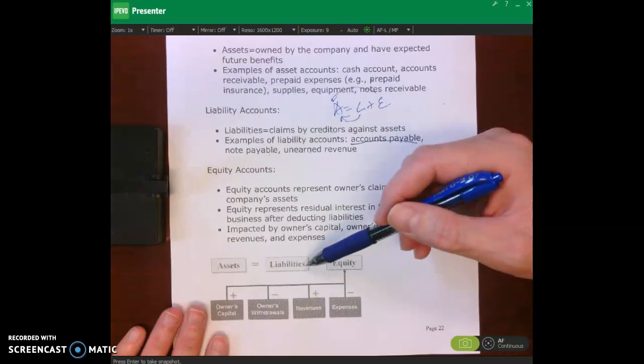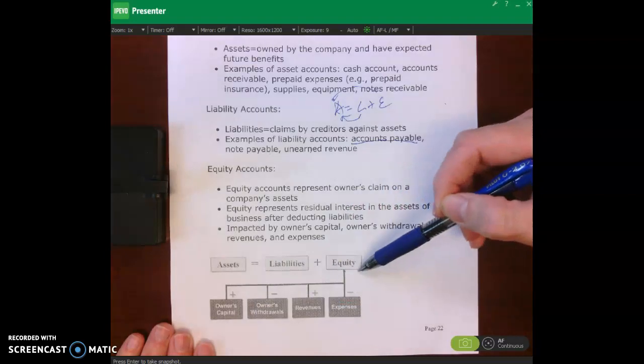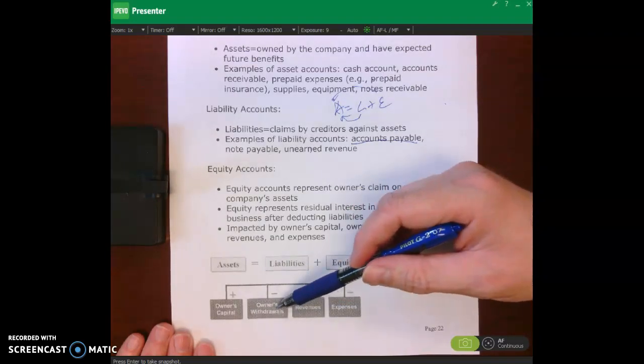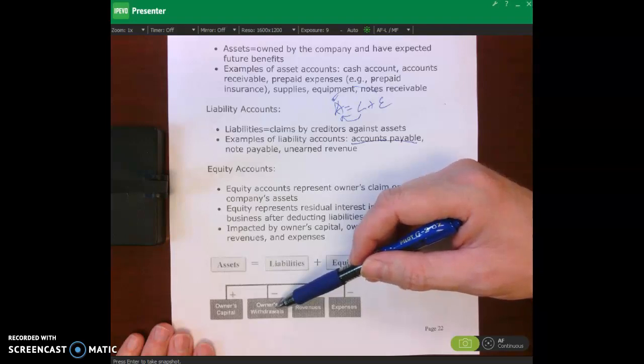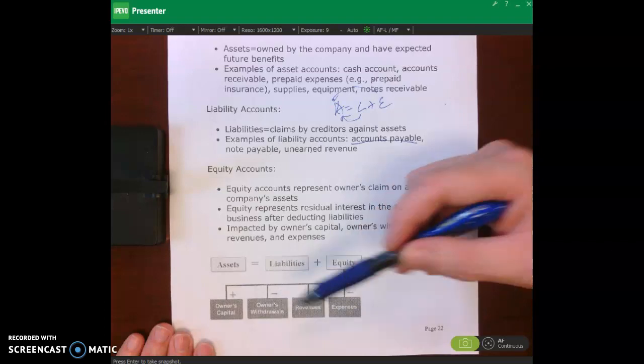And that's what we see in this figure down over here. Owner's capital, which is the owner investing money into the company, increases equity. Owner withdrawals, owners taking money out of the company, perhaps to pay their personal mortgage, decrease their equity.